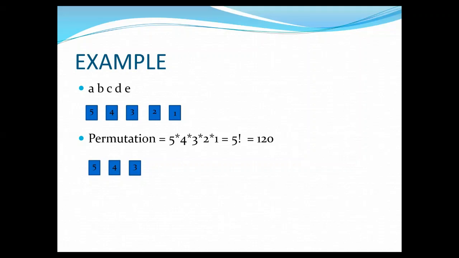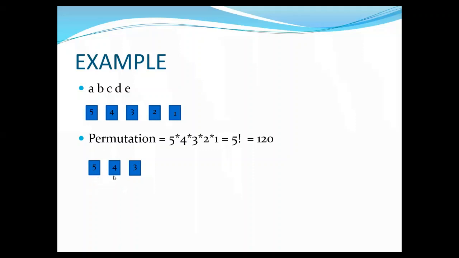But in case we only have 3 boxes, what will be the result? Using theorem number 1 to determine the permutation, for the first box we have 5 letters that can be allocated. On the second box, it's only 4, since we already allocated 1 letter on the first box.